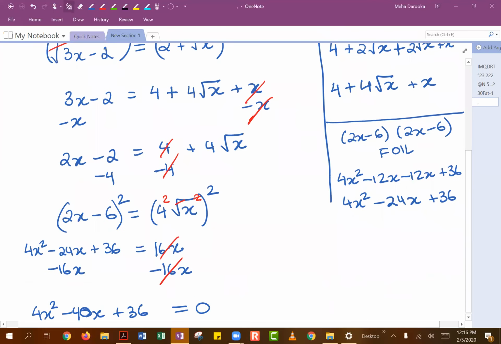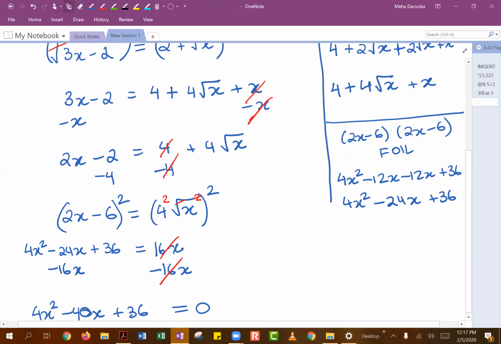So we started out by moving our constant from 4 to the other side. We moved our x to the other side, cleaned it up as much as we could. The only reason we did not divide by 4 here was so that we wouldn't have fractions on the left-hand side. So that's why we left the 4 here. We did that square on both sides. Again, we need to FOIL the left-hand side, which ended up giving us 4x squared minus 24x plus 36.